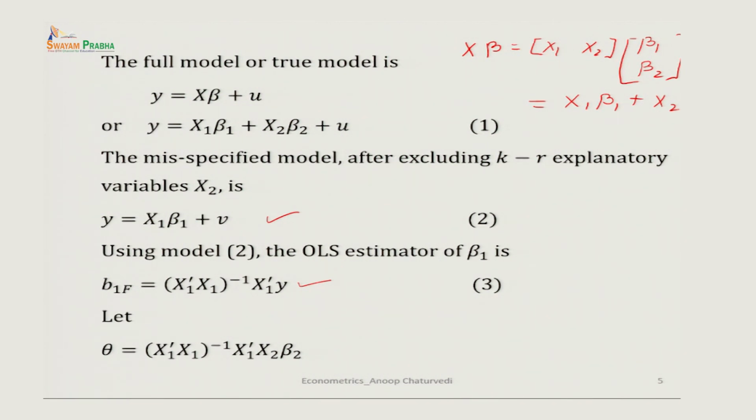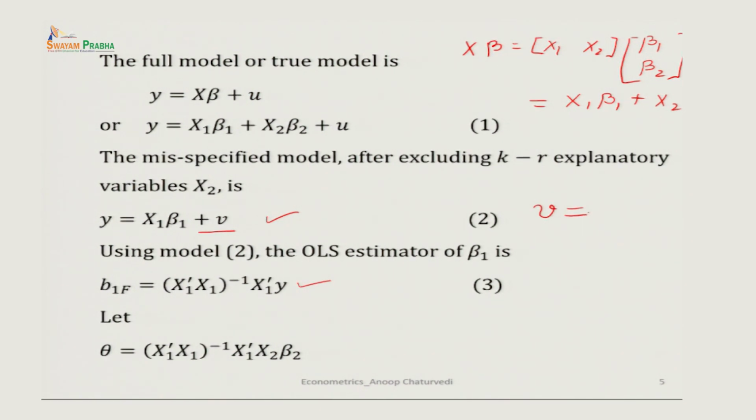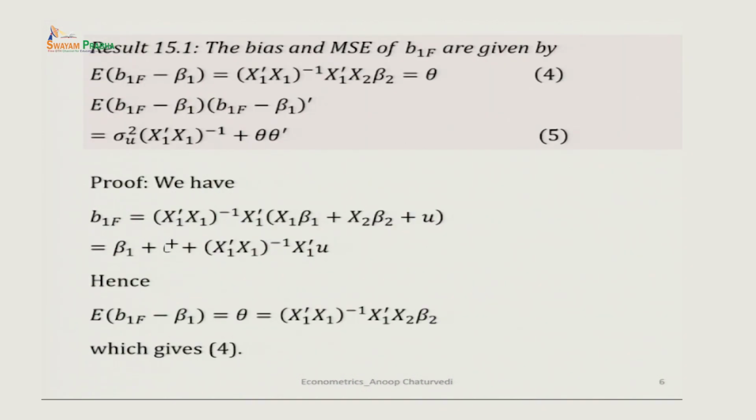Now, in this misspecified model, what is v? v is the disturbance term, and it includes X 2 beta 2 also. So, it is X 2 beta 2 plus u.